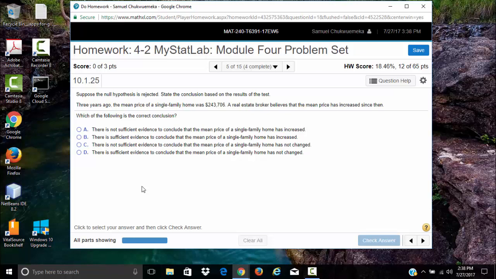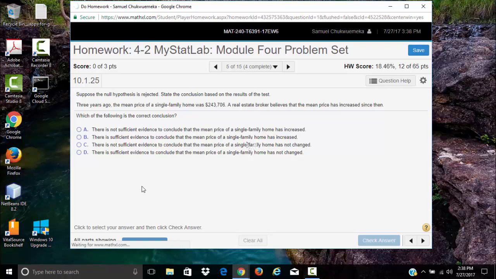If you reject the null, in essence you're accepting the alternative. So the conclusion is there is sufficient evidence to reject the null, and in essence, sufficient evidence to accept the alternative. I'm using the word accept because I want you to really understand it.